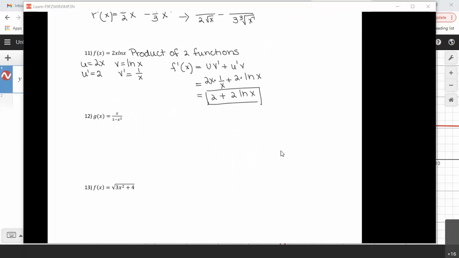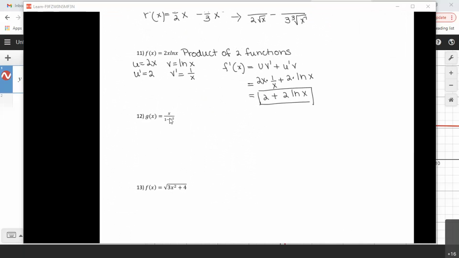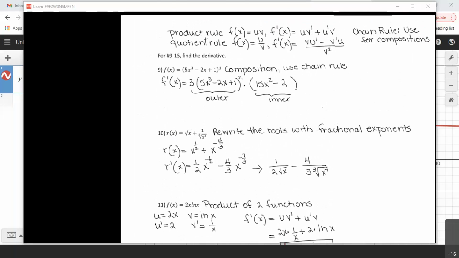That's a product rule. Here you can see I have 2 terms in my denominator, so it doesn't buy me anything to split this up as, say, a difference or anything. I can't do that. So here I have to use the quotient rule. Okay, quotient of 2 functions, and again, I've got that up here.